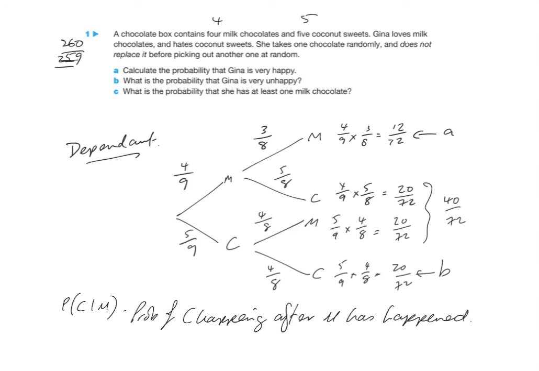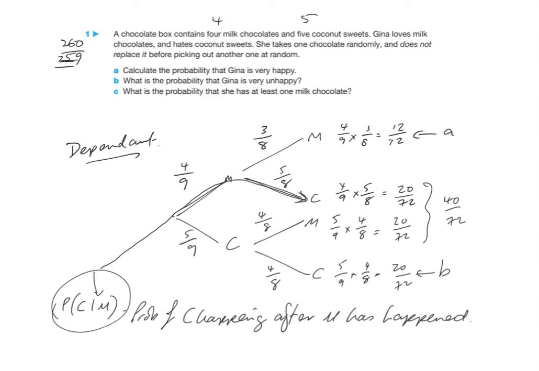So for example, it's just probability of C given M. Given that M has happened, what's the probability that C happens? So this thing here would represent this line here, because it says that M happens, and then what's the probability that C happens after that?